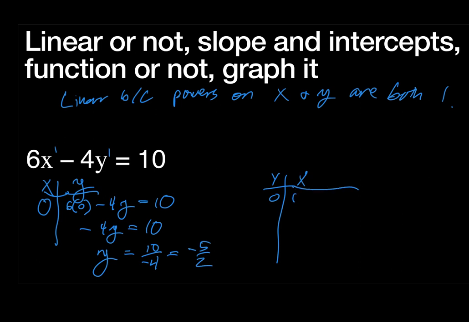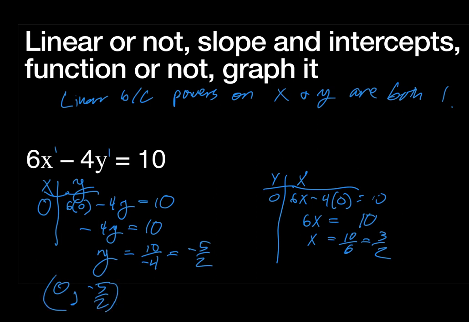So this would be 6x minus 4 times 0, because I'm replacing the y with 0, equals 10. 6x equals 10, because 4 times 0 is just 0. Divide by 6, x equals 10 over 6, which is 5/3. So my two zeros on this left side: 0, comma, -5/2, and my other zero is when x is 5/3, y is 0. Those are my 2 points.